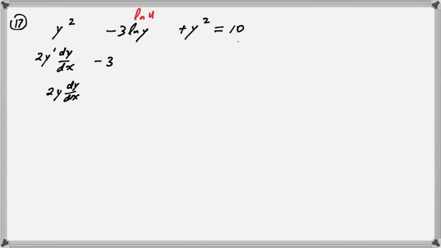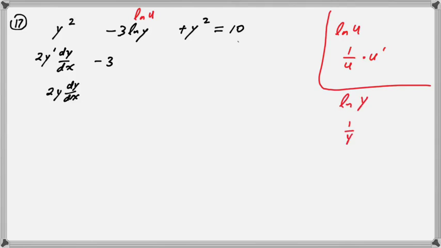The derivative of ln of u is 1 over u times u prime. So the derivative of natural log of y would be 1 over y times y prime, or 1 over y times dy dx. So that's what's going to go in here. 1 over y dy dx.